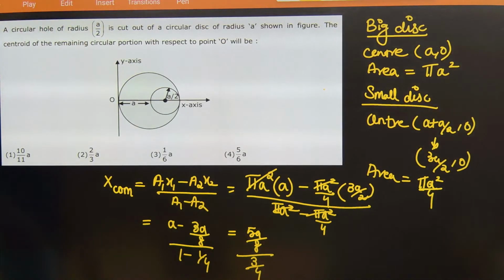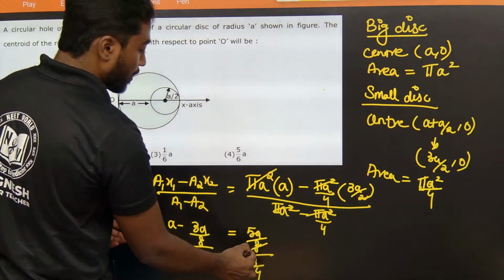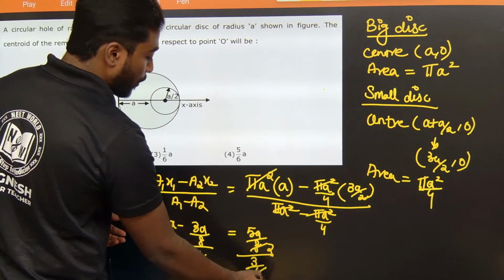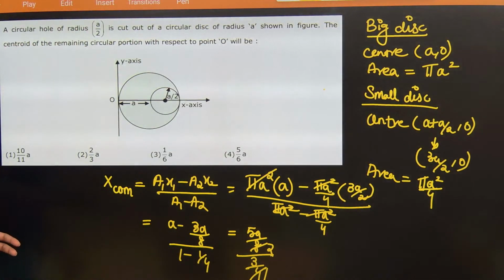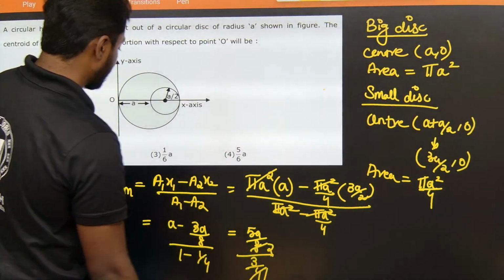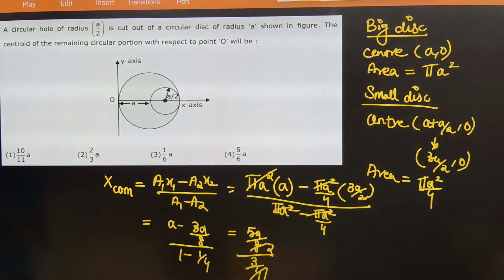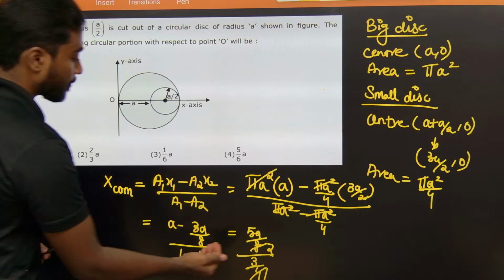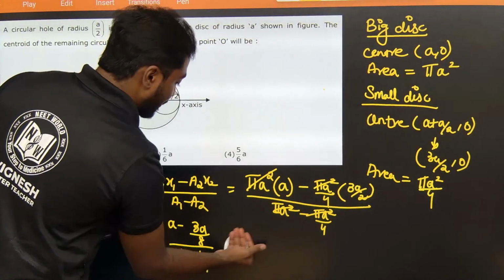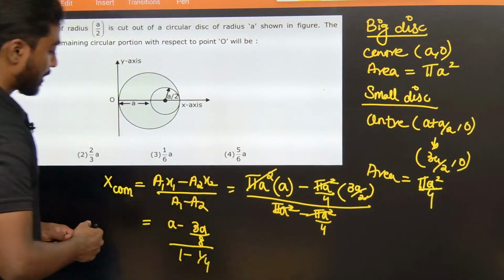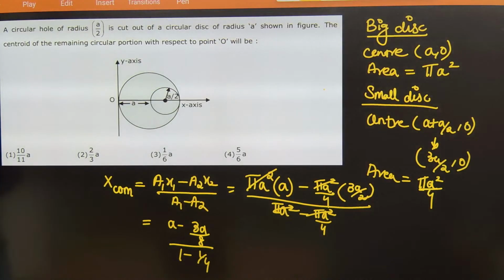The final thing I need to calculate is that this one will be 2 times and this will be 1 times, so I can cancel it out and get the answer easily. The calculation part you can do and give the answer. We will go for the next question.